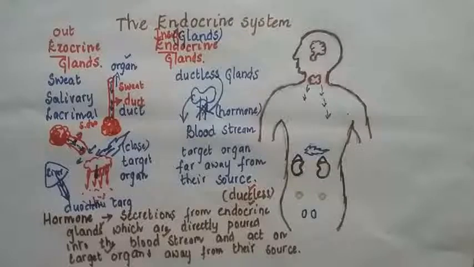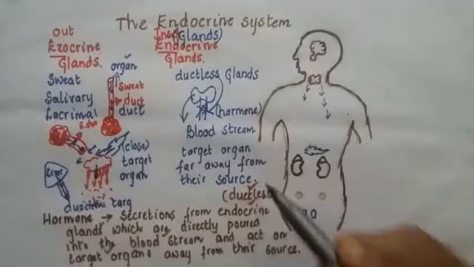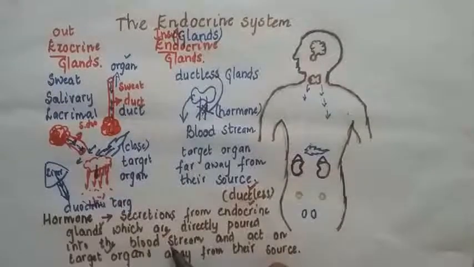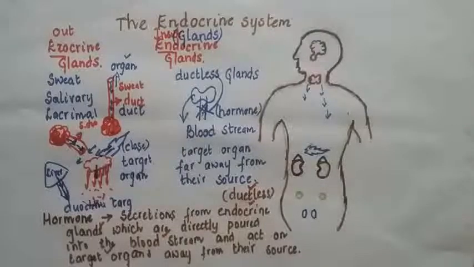Children, this is one of the questions asked for about 1 mark. You cannot miss out the words ductless gland or bloodstream. Okay, so how do we define the word hormone? Hormones are the secretions from the endocrine glands which are directly poured into the bloodstream and act on the target organs which are away from their source.